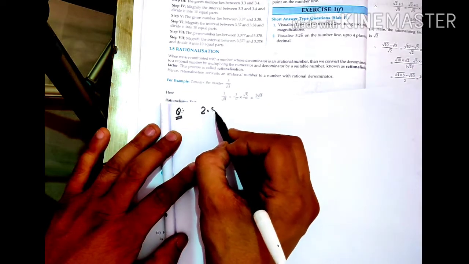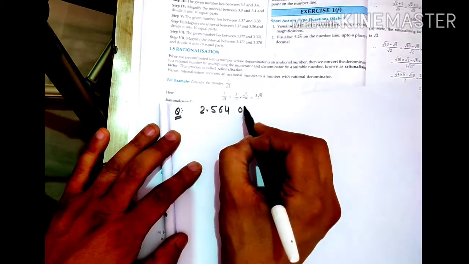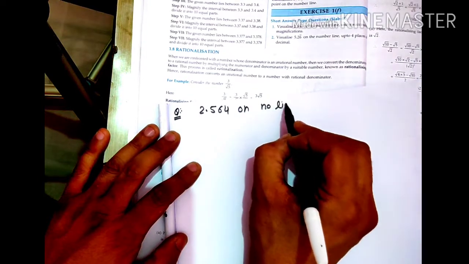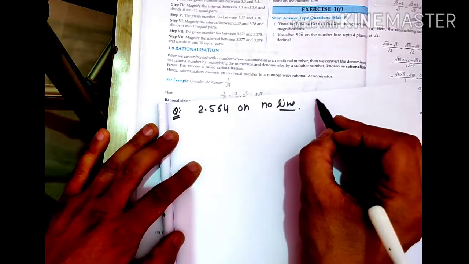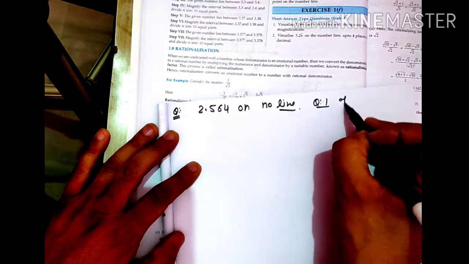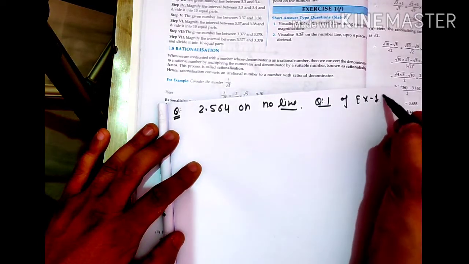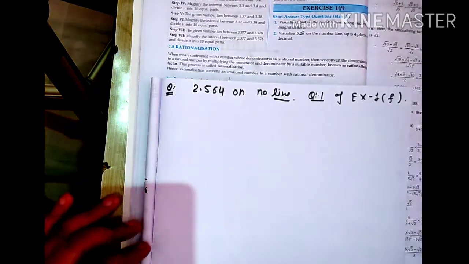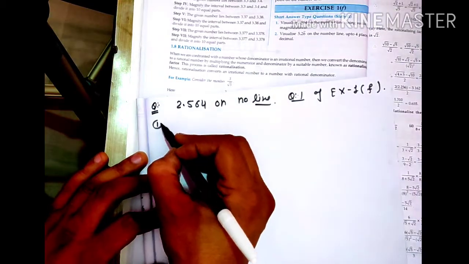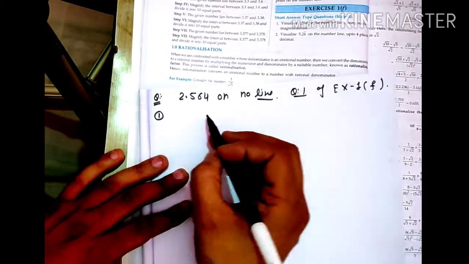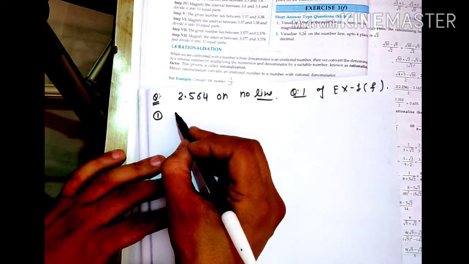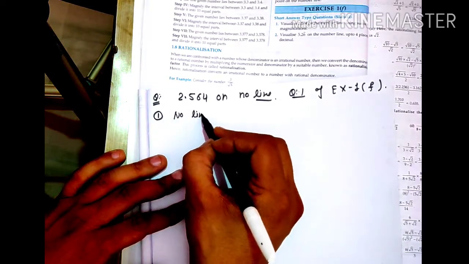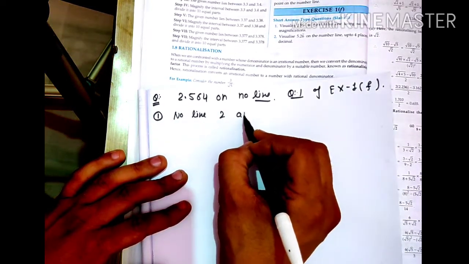Represent 2.564 on the number line, which is question number 1 of exercise 1F. This is your question. The first step is to make a number line between 2 and 3.